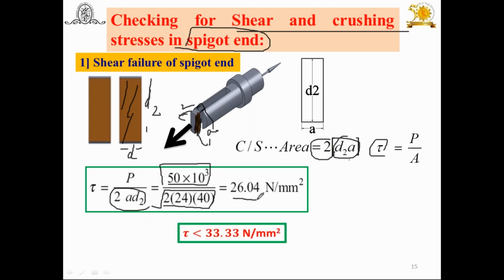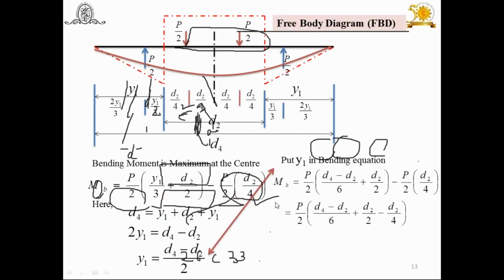So you will get 26.04 as the shear stress induced in the spigot. But this calculated shear stress 26.04 should be less than the permissible, which is 33, the value we have calculated for the spigot.